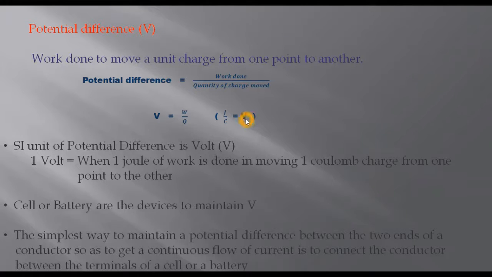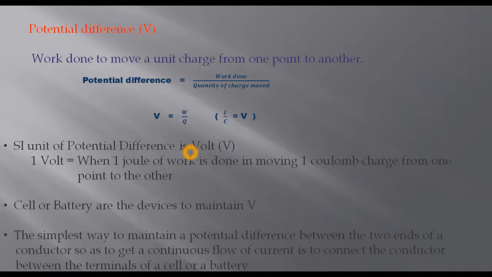Here it's not potential difference, it is the unit volt. Potential difference is denoted by V, and the unit volt is also denoted by V. So joule per coulomb is equal to the volt. So the SI unit of potential difference is volt. Both potential difference and volt are represented by the capital letter V.